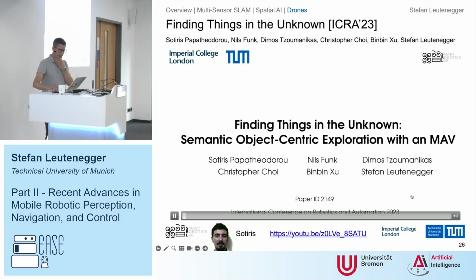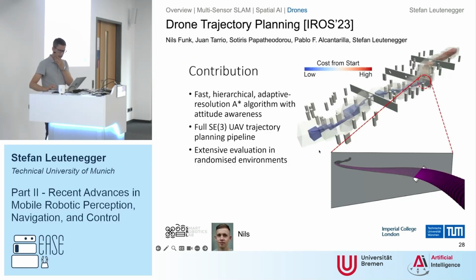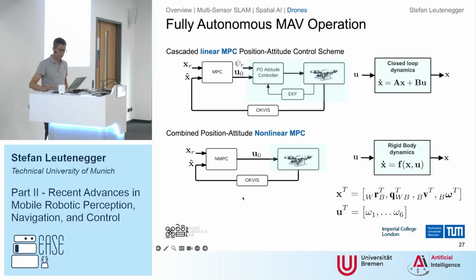So to do these kinds of things, we also need to actually do control. But I will skip through that a little bit. So far, the examples were a bit simple, using linear model predictive control. So you have an attitude control drone here, and then you identify in a sort of gray box manner the closed loop dynamics as a linear system, and you can then use linear MPC around it.